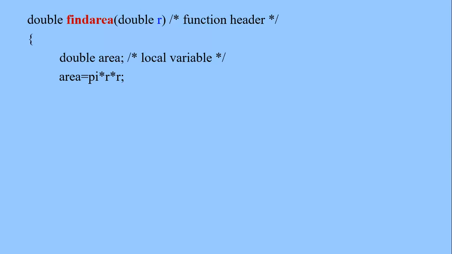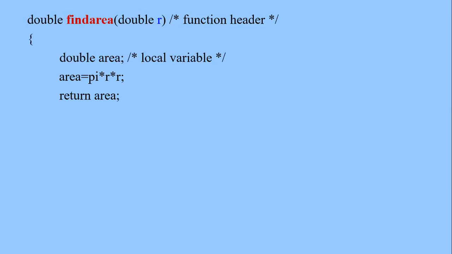So this function is picking the content of pi, which is a global variable, or global constant. Then it is multiplying that content with what it has received as R by itself and assigning the result in the local variable memory location called area. Then it is returning the value stored in the memory location called area.